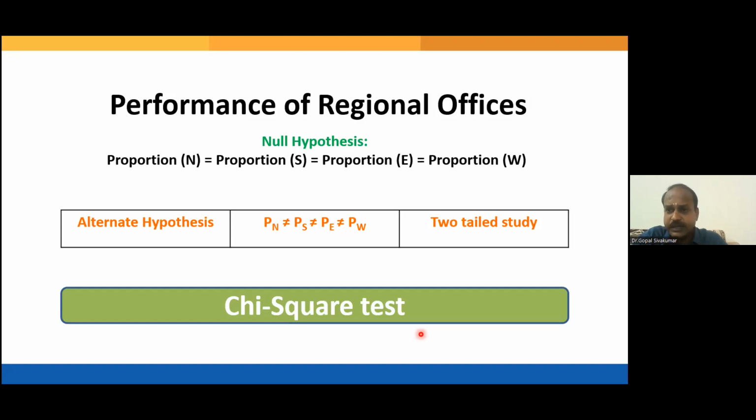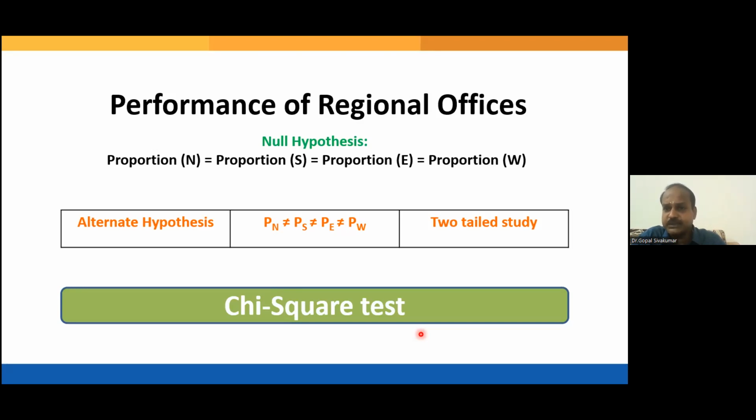When to go for chi-square? When the number of groups under study is more than 2, and the type of data using which we take the decision is discrete data, and the statistic we use for decision making is proportion and not average. Is it clear so far?